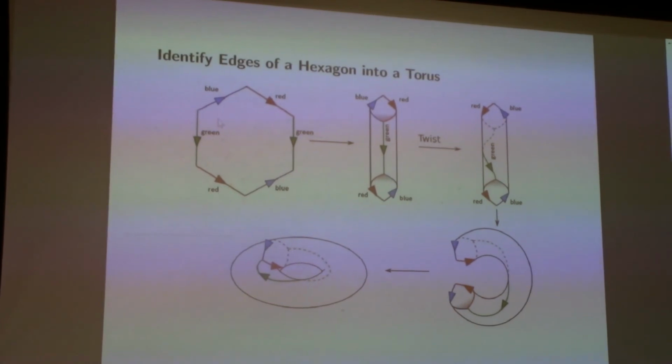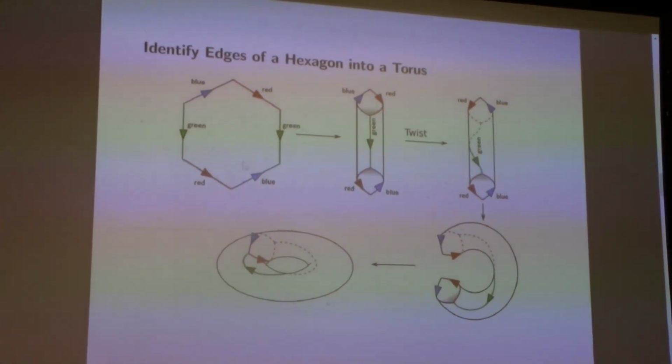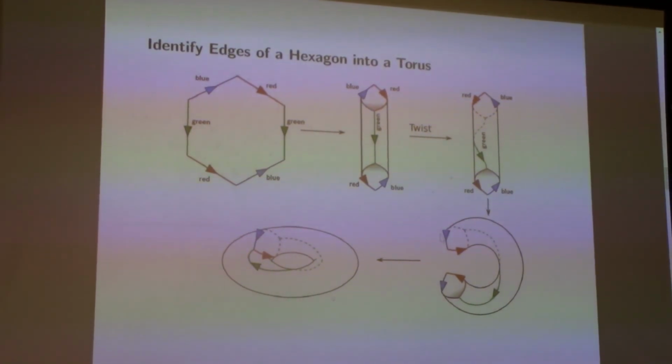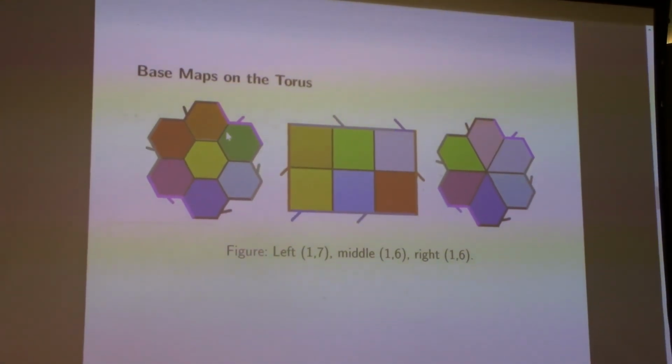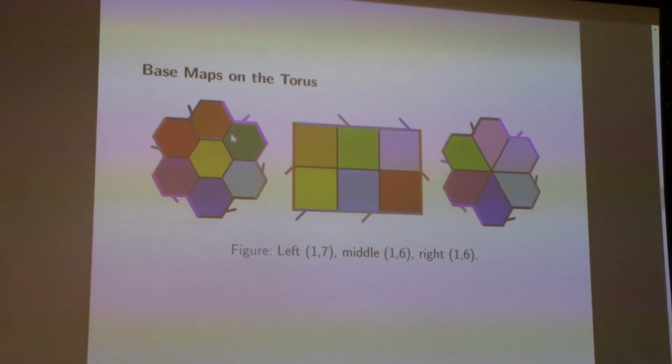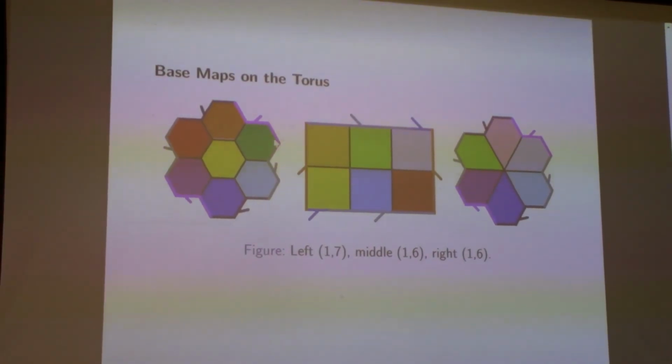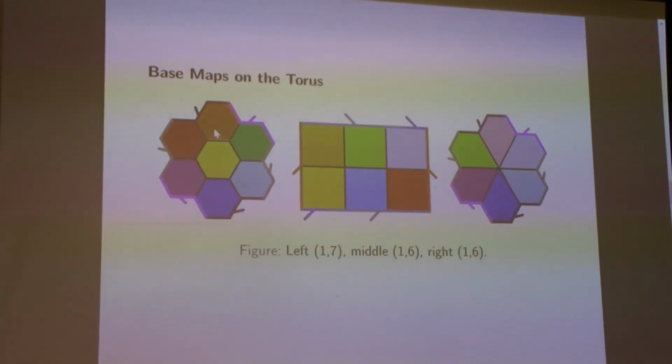Yes, so a hexagon, if you identify opposite sides of the hexagon, you will get a torus, as this diagram shows. Another way to represent the 7-color map on the torus is to start with 7 hexagons and then identify opposite sides of these hexagons so that you get a torus.